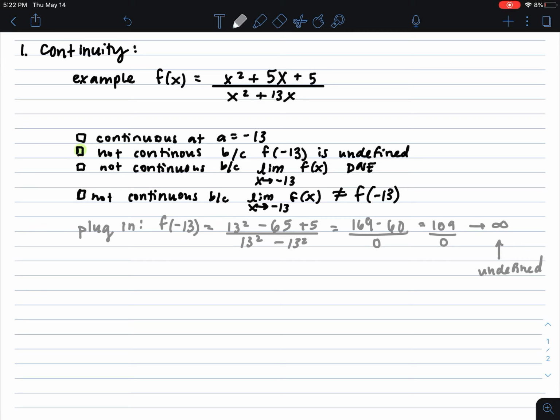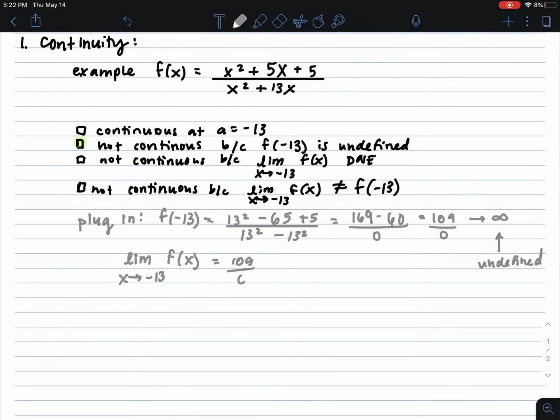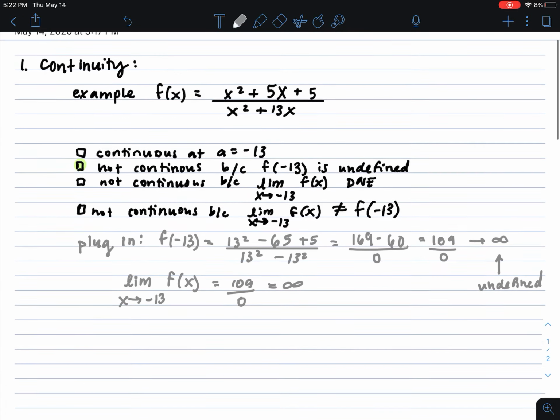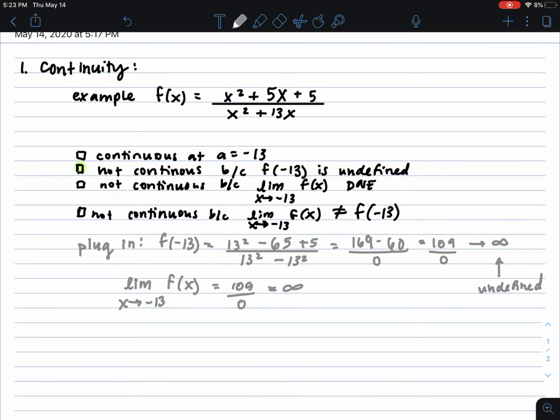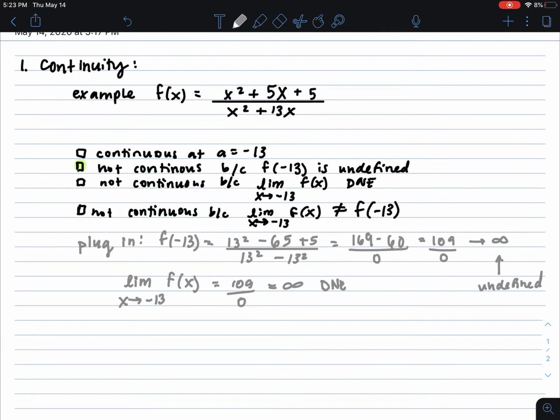Now we have to see what the limit as x goes to negative 13 of f of x is. And that's actually going to be the same answer. It's going to be 109 over 0, which is infinity. But remember, infinity equaling infinity is not a thing. So first of all, this means our limit does not exist. So this guy is true. And it's also not continuous because our two limits are not equal to each other.